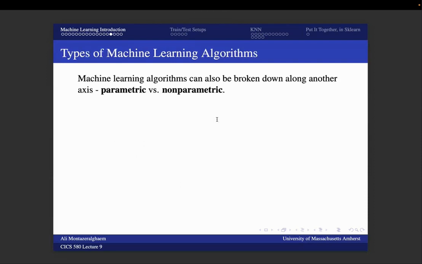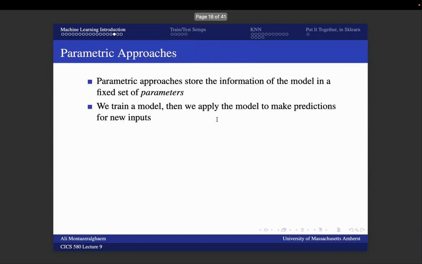And we also can have another category for machine learning algorithms, which is parametric and non-parametric. For the parametric approaches, we can store the information of the model in a fixed set of parameters.